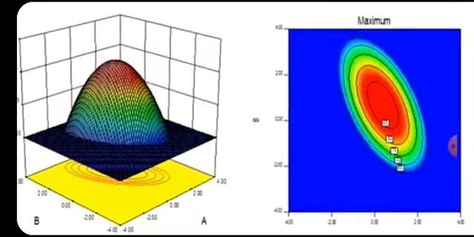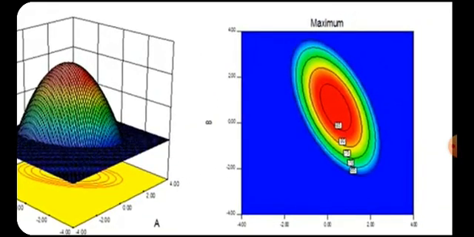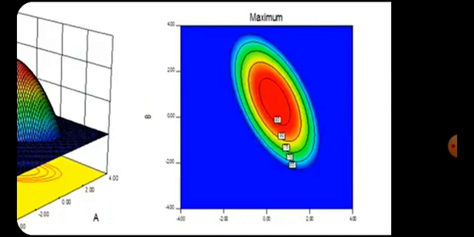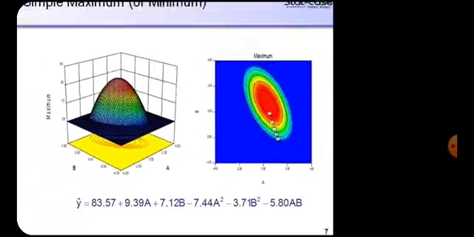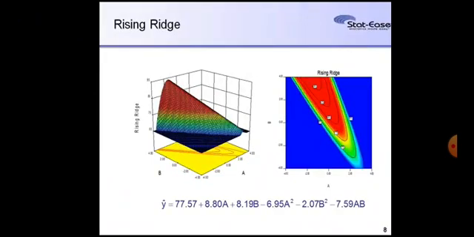This is called the contour plot, where the red region indicates the area of significance. It means that at these concentrations the highest response can be obtained. That is the area where these two parameters interact and are responsible for giving maximum response values.